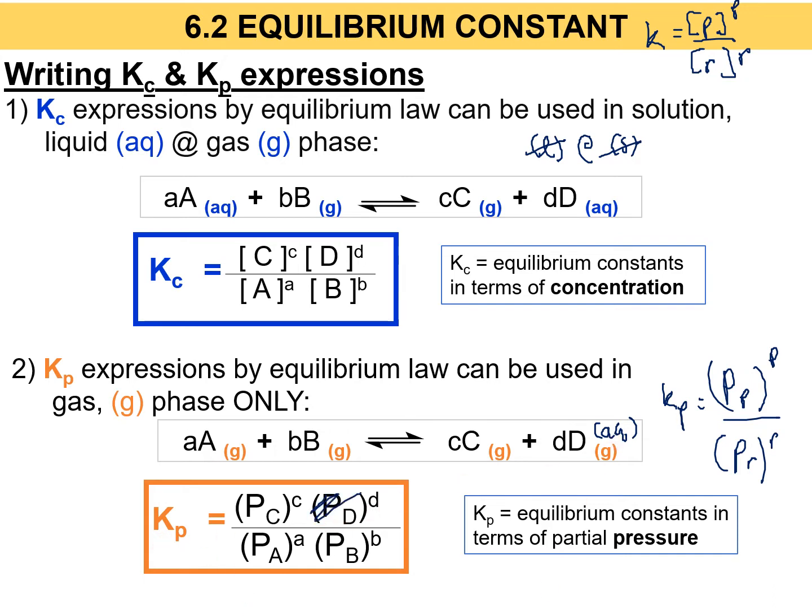Kiranya nanti D ni tiada langsung. Dia jadi partial pressure of product C to the power of C stoichiometric coefficient ni divided by the partial pressure of reactants A and B dengan diorang punya respective power stoichiometric coefficient ni. Kalau D ni bukan dalam aqueous phase, dia dalam gas phase, you bolehlah include dia di dalam Kp expression, okay?